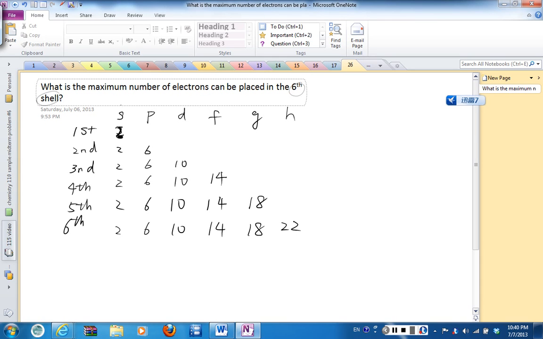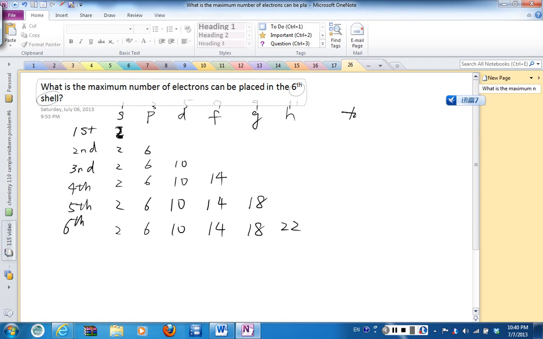So 1, 3, 5, 7, 9, 11, all odd numbers of orbitals, and double. Each orbital can take up to 2 electrons, the Hund's rule, and double the electron amount. And if you add them up, you get the answer that you want.